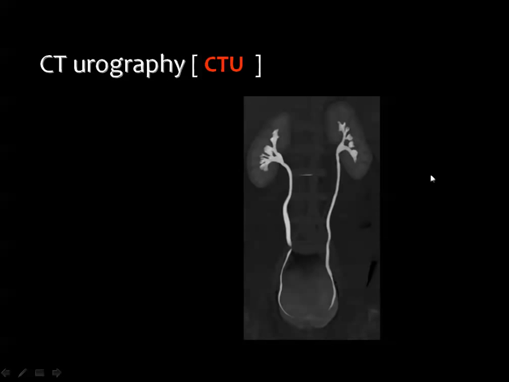Then if you inject the contrast material, you can use the CT scan to perform this image, which is known as CTU, which is the abbreviation of CT urography. By CT, you can remove all undesired structures. You can remove the liver, the spleen, the intestine, and so then you are left only with the kidneys.